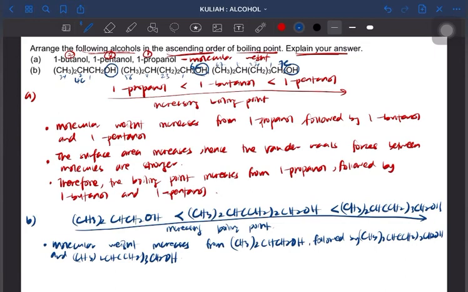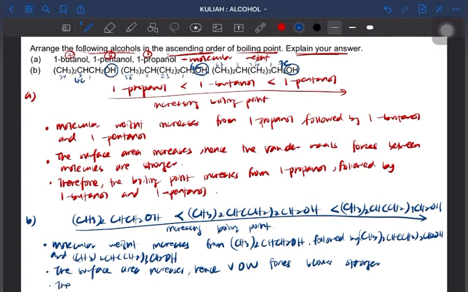Okay, so kita kata pula kat sini lah, the surface area increases, hence van der Waals forces become stronger. Okay, lebih kurang sama lah. Okay, so therefore the boiling point increases from, okay, buatlah dia punya ni.